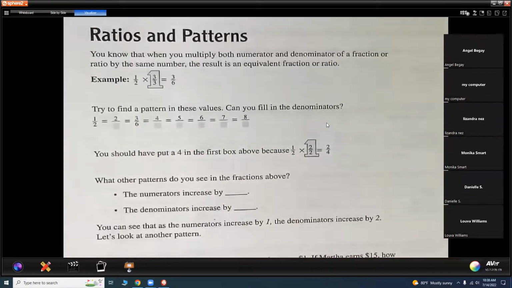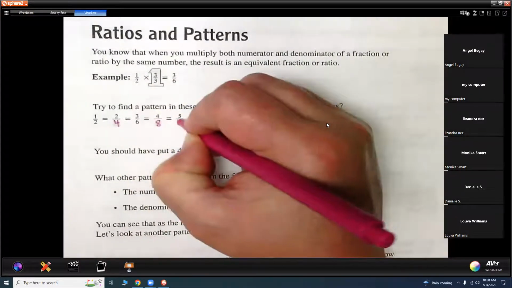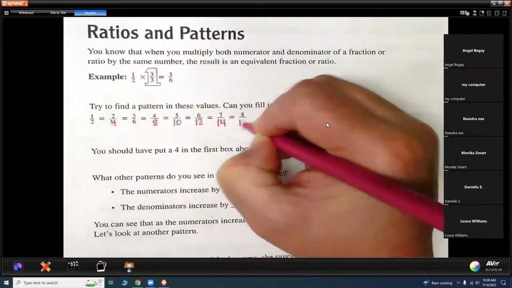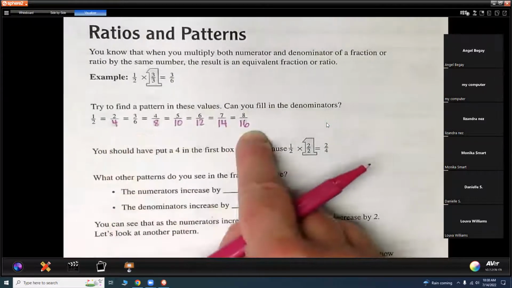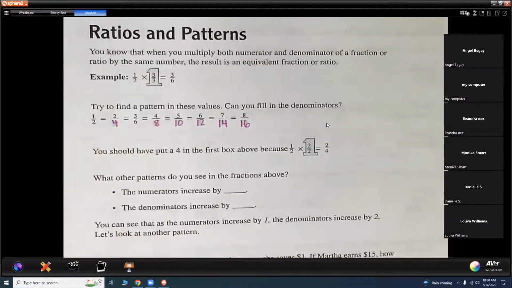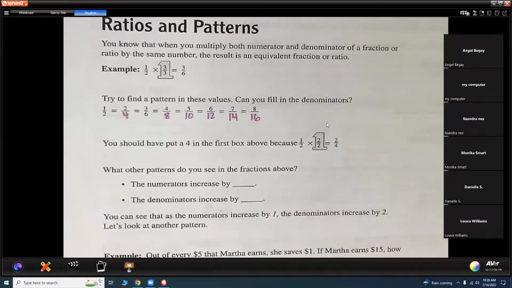Right, it would just be our even numbers, going up by 2. So we see that all of these are equivalent to each other. They're just different forms. You should have put a 4 in the first box. So numerators increase by 1, denominators increase by 2. Hopefully everyone's seeing the pattern.